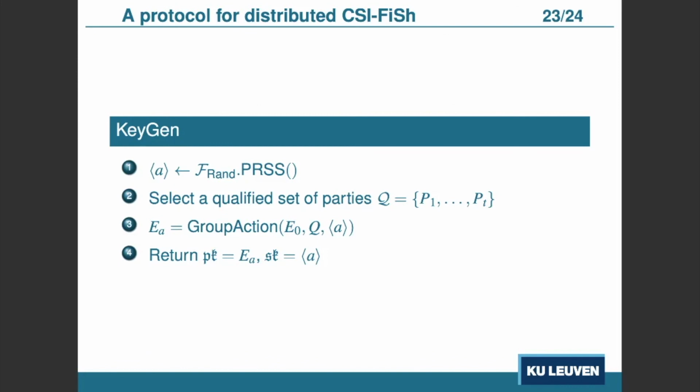And then they agree on a qualified set of players, P1 to Pt, so that they can now represent A with a full threshold sharing on Q using the method I described before. And then they will engage in the protocol to compute the group action of A on E0. And the result is the public key.